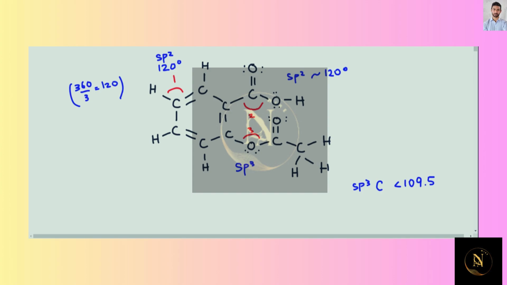However, in this case, because you have oxygen, you have these 2 lone pairs of electrons, and so your lone pairs are going to repulse away from each other and actually make this bond angle less than 109.5. When you have a bent oxygen here, this angle is going to be less than 109.5.